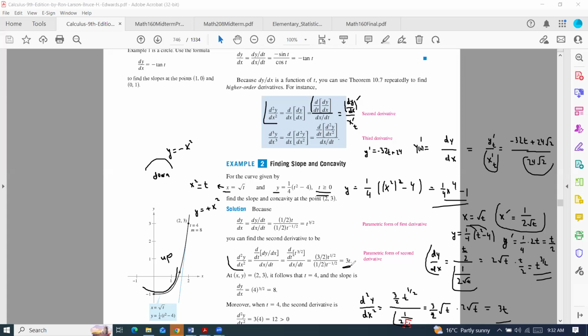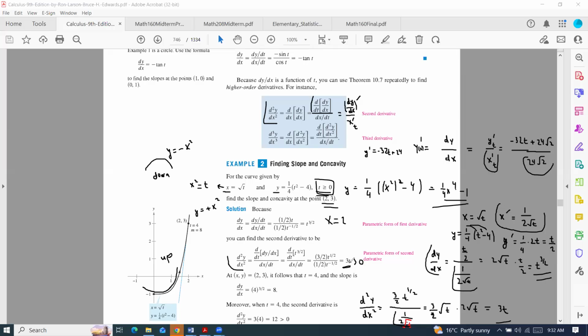And then what is this for? Well, once we found the second derivative, then we can see if it's concave down or concave up. How? Well, for various values of parameter t, and looks like that will correspond to positive values of variable x, and they actually tell us that x is equal to 2, y is equal to 3, so they just want you to use 2 for x. So if you put the positive values of parameter t, this whole thing will be positive.